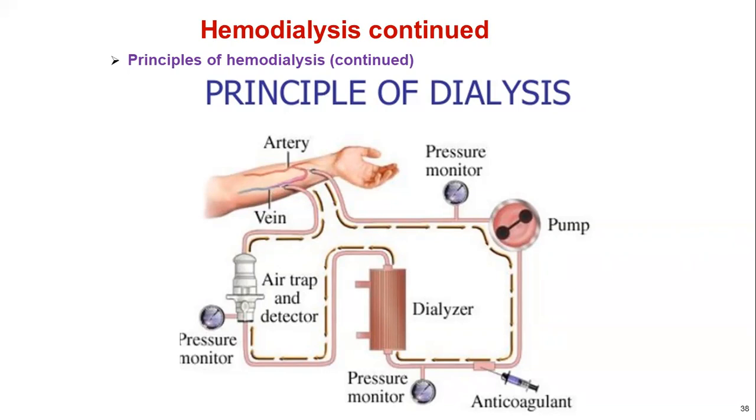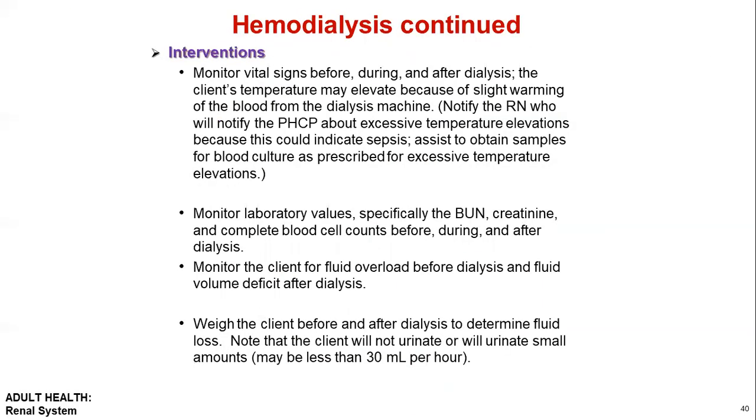Assess the vital signs. We check the vital signs before starting the procedure, and we also check the laboratory values. And every day, using the same machine, we can check the patient's body weight, right? During the procedure, we monitor the vital signs, especially blood pressure, because the patient may develop hypotension or cramping, and may complain of nausea, vomiting, or have a chance of bleeding.